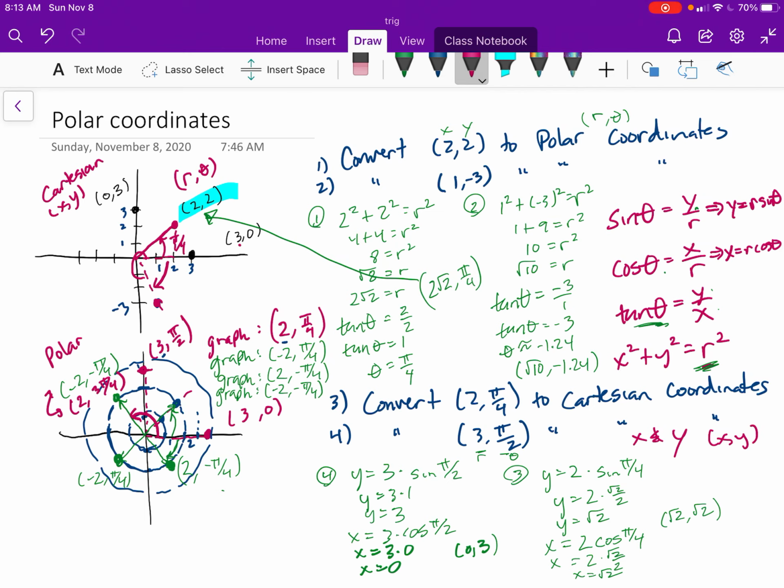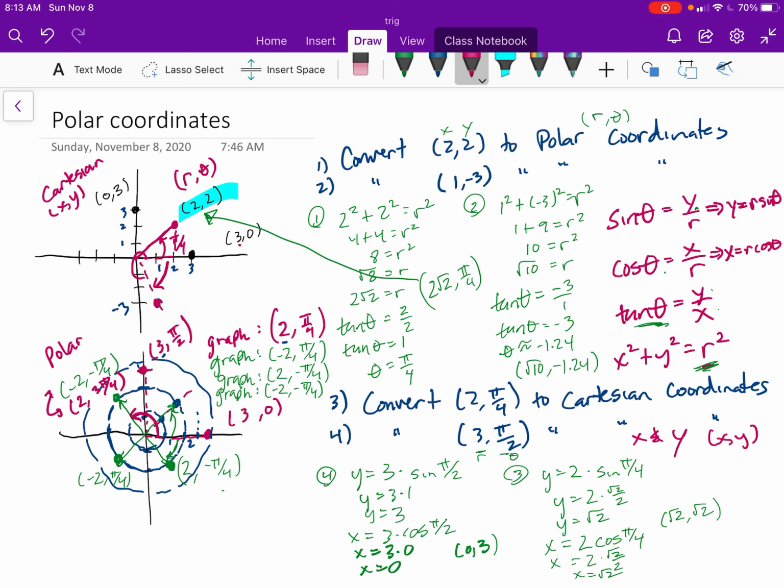There is more than one way to write a polar coordinate, where in our Cartesian coordinate system, if we have 2, 2, there is only one point. That is definitely only one point given. However, one point in polar coordinates can be written in a couple different ways. In fact, if we continue to add 2 pi, I could write any of these infinitely many ways by just creating coterminal angles here.